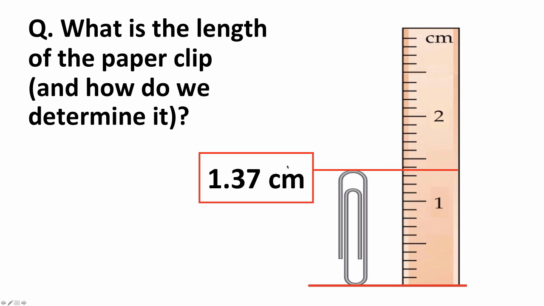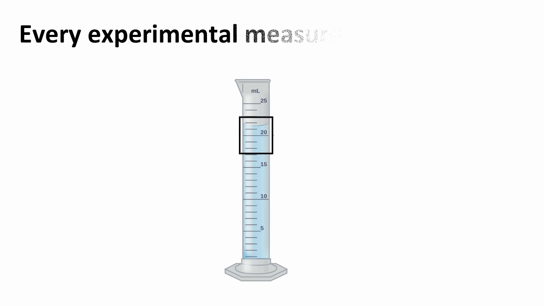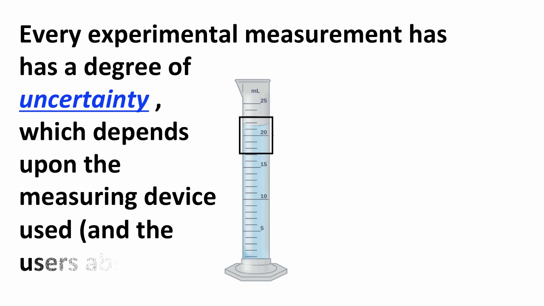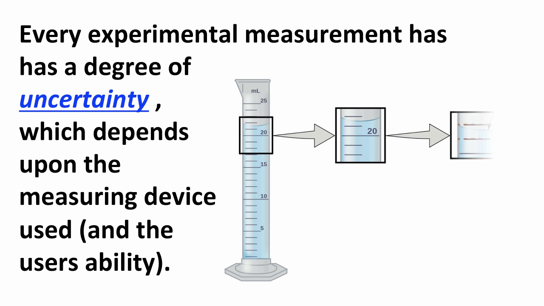There's a little uncertainty or variability in that last digit, which is estimated. And every experimental measurement is going to have some degree of uncertainty. And that's going to depend upon both the measuring device we use and how good you are at using that device. So measuring length with a ruler, we're estimating in the case of the paper clip to the hundredths place.